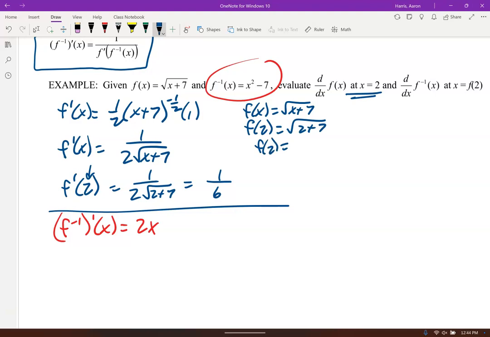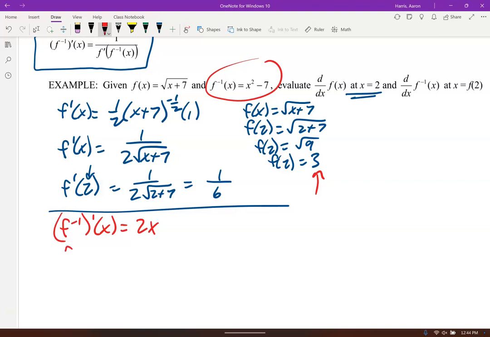So f of 2 is square root of 9, which is 3. f of 2 is 3. So this time when I run the inverse to see this relationship, that it's the reciprocal, instead of plugging in 2, I'm plugging in 3. Plugging in x equals f of 2, which is 3. I'm plugging the output into the inverse here.